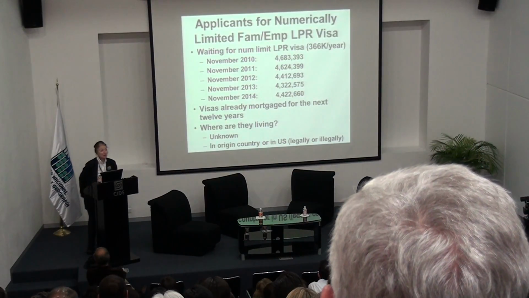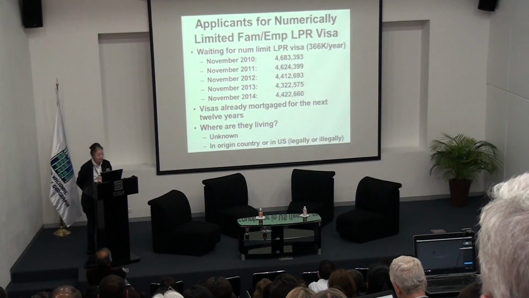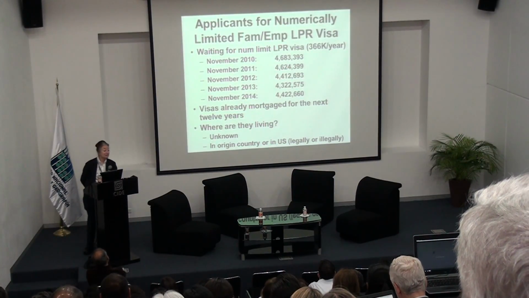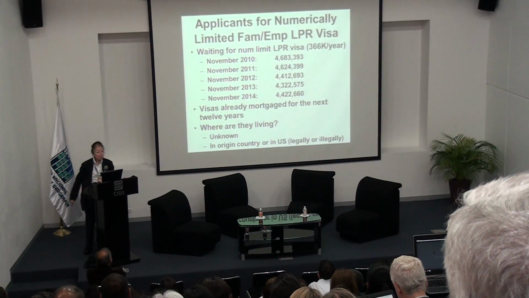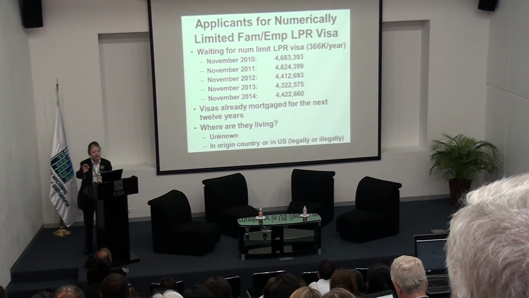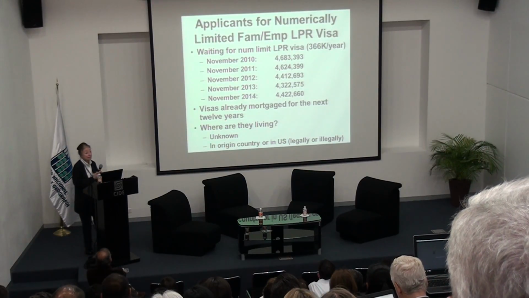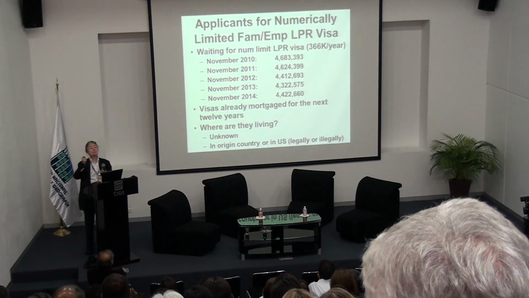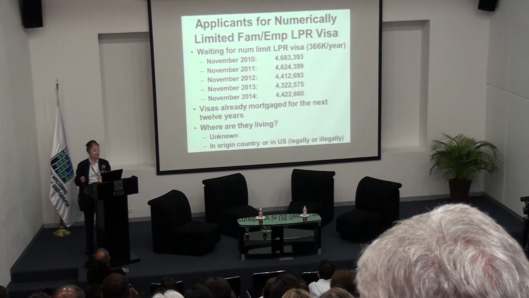Because the green card is such a precious thing, and because there is restriction in the United States, there are large backlogs of people approved for a visa and waiting for it. And so what you see here is that right now there are over 4 million people who have already been approved, but they won't get their green card for many years.